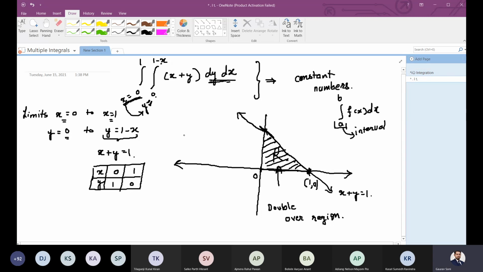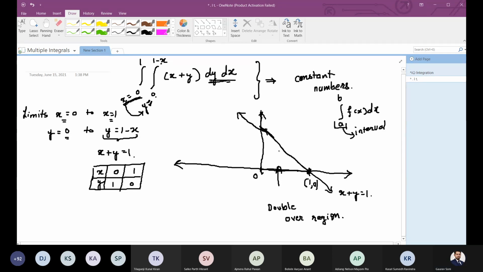So look, there is an idea when you are covering a particular region. I want to cover this whole region with a small rubber, I should say. Whenever I want to give the limits, the idea is you take a horizontal strip or you take a vertical strip.